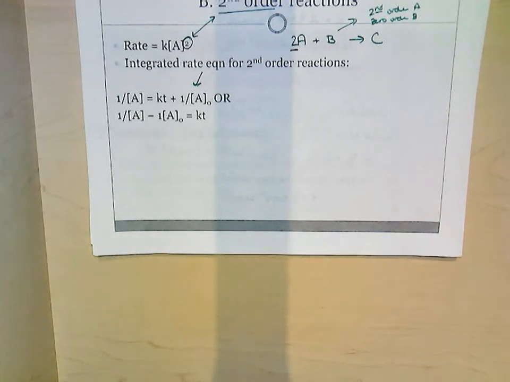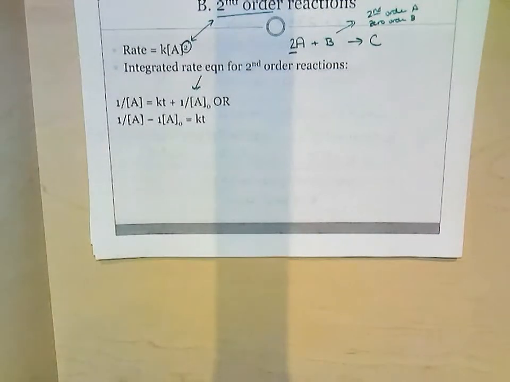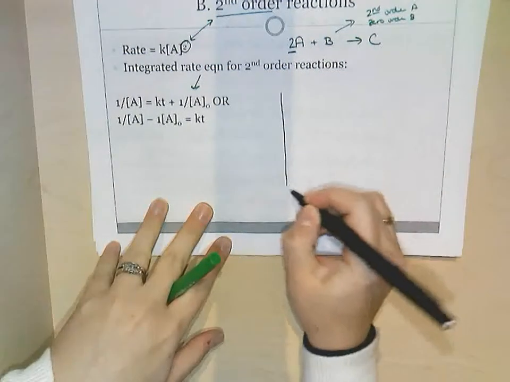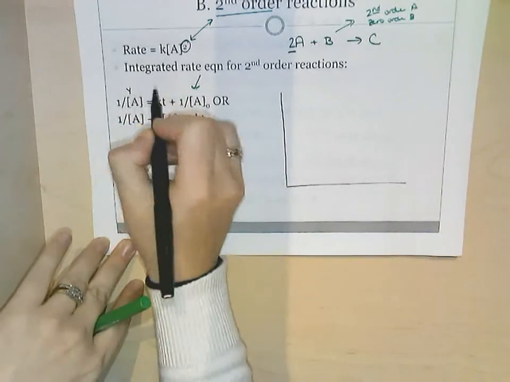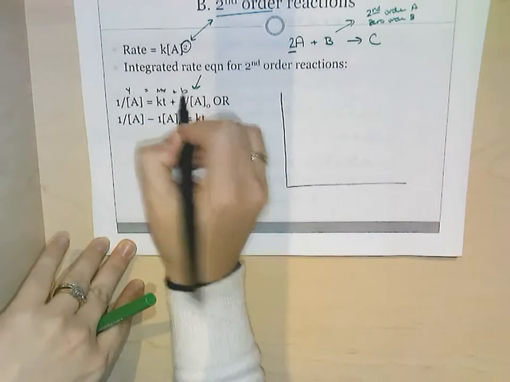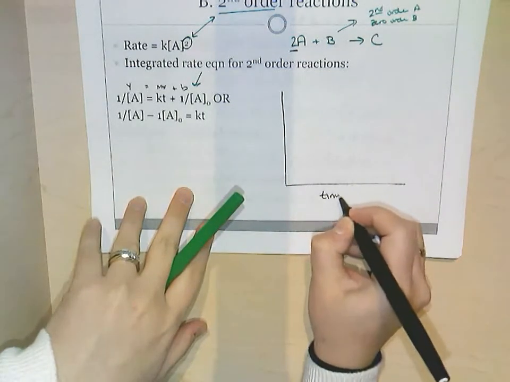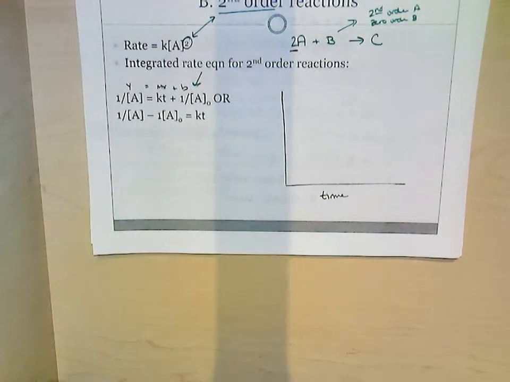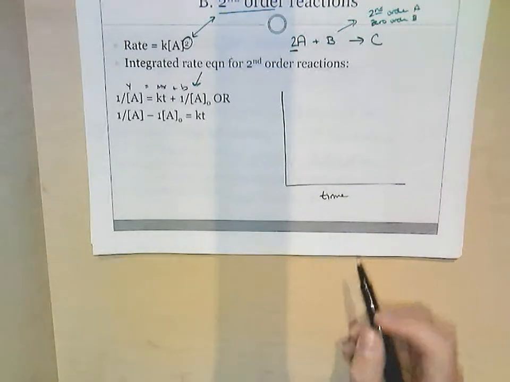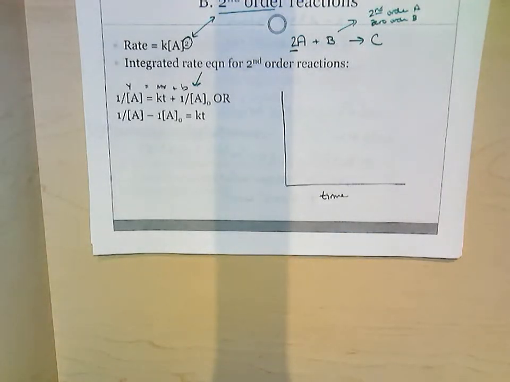What if I wanted to do my favorite thing in the world? Well, if I wanted to graph it. Which equation is the better choice to graph from? The first or second? Top one. Okay, so if I graph from the top one, okay, true, it would be a positive slope. What would I put on my x-axis? Time. All right, what would I put on the y-axis?